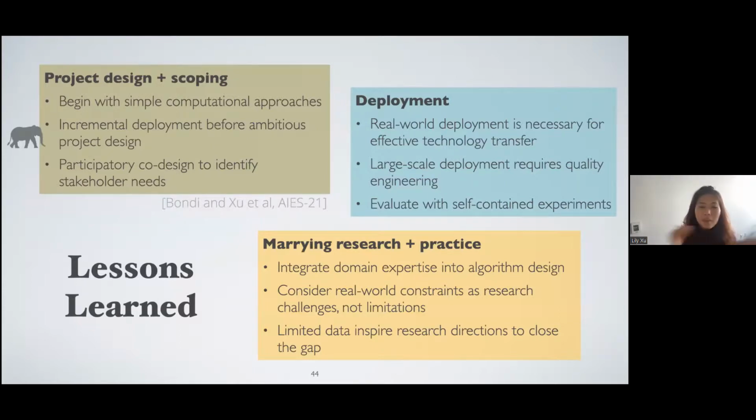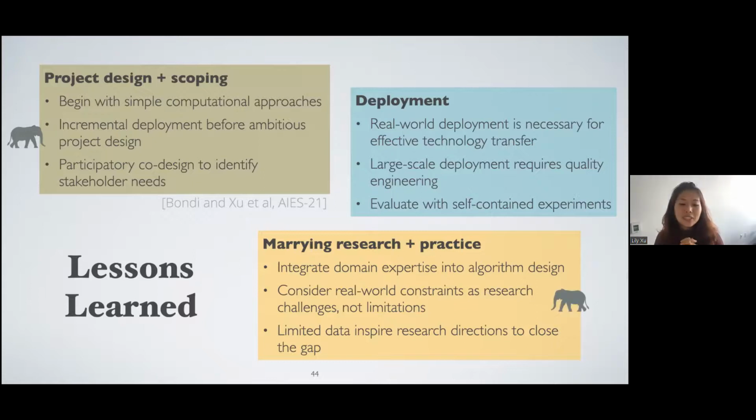You'll observe that the 3 technical areas that I talked about, supervised learning, online learning, and then reinforcement learning, went iteratively more complicated, but started with the simplest possible setting to make sure that we were sanity checking all of our assumptions, that we really understood the problem domain, that we were able to build up this relationship with conservation experts, so that we weren't just doing something that was too computationally crazy, but was not actually feasible at all in practice.